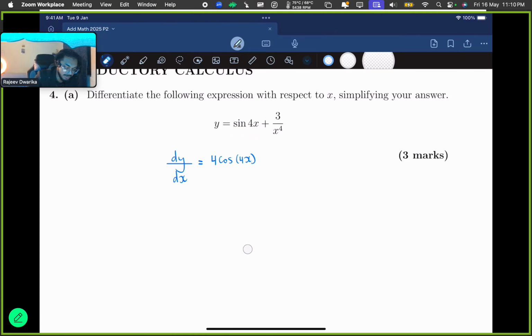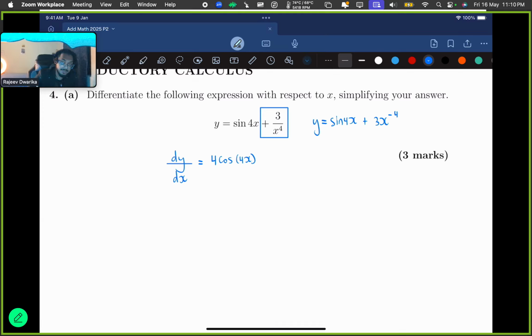Mm-hmm. So I'm guessing you lose some marks here. Yeah. This is where I was stupid. I could do the differentiation, you know. I probably need 1 mark because I differentiate the 3 over x to the power 4 here. So we had to recognize that over there. If we rewrite it, that's going to be sine 4x plus 3x to the power minus 4.